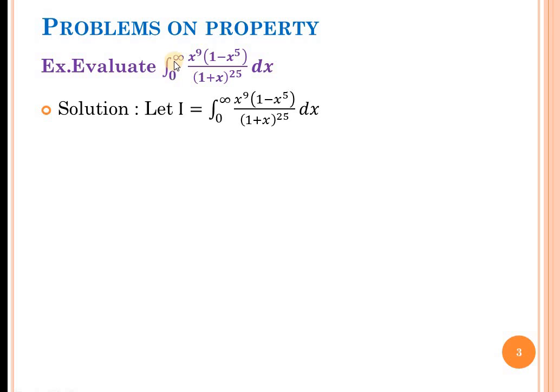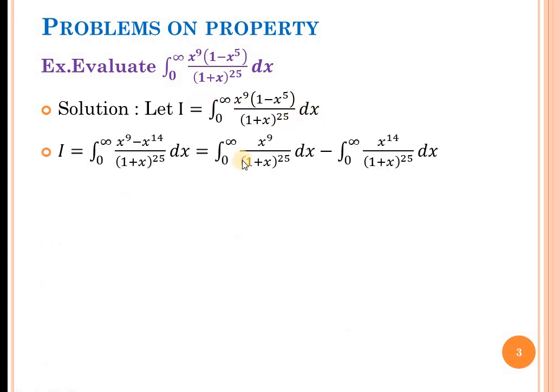Evaluate integration from 0 to infinity x raised to power 9 into 1 minus x raised to power 5 divided by 1 plus x whole raised to power 25 dx. So let the given integration I be the integration of x raised to 9 into 1 minus x raised to 5 divided by 1 plus x raised to 25 dx.